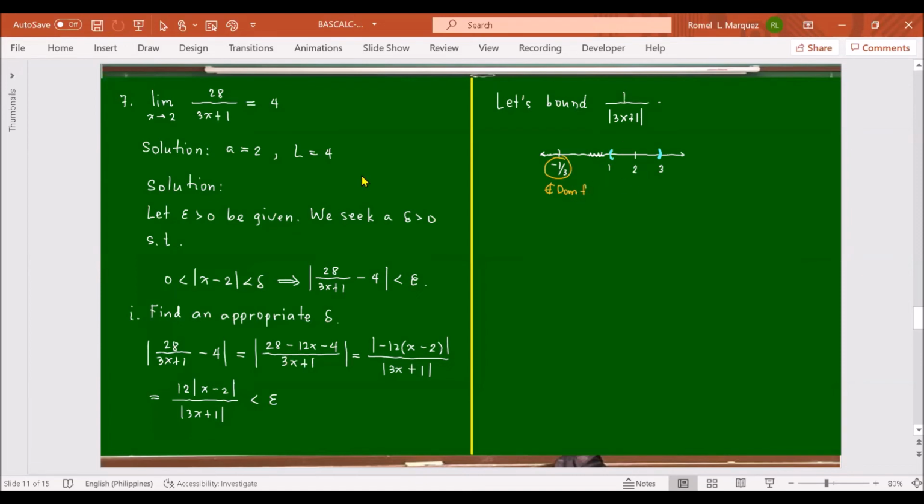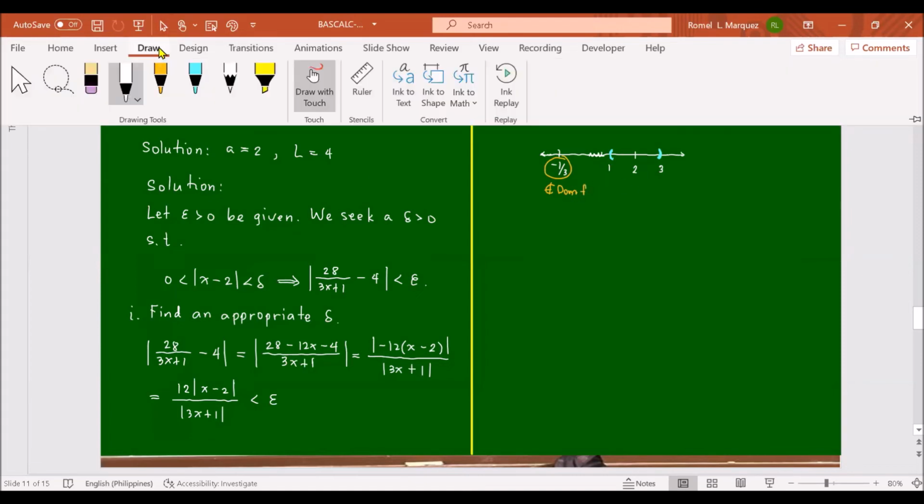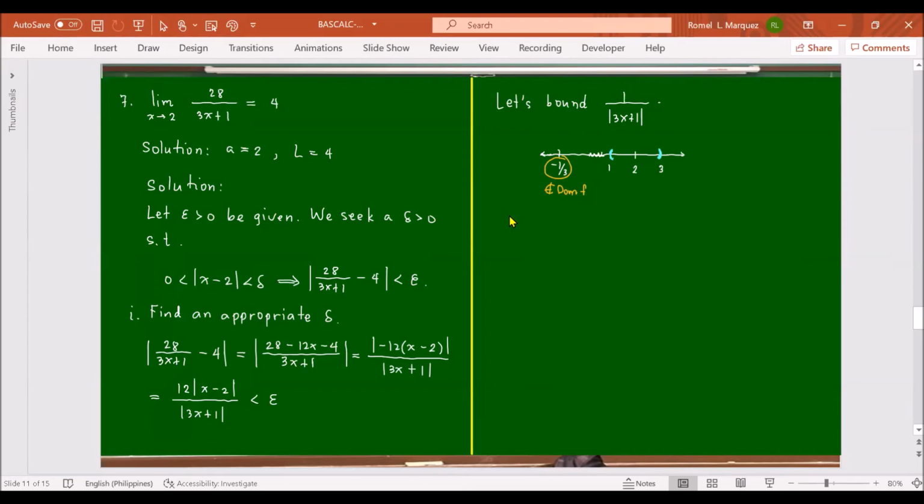So I'm now safe, so I can now proceed. I can now stipulate my delta, so let's take delta to be equal to 1.